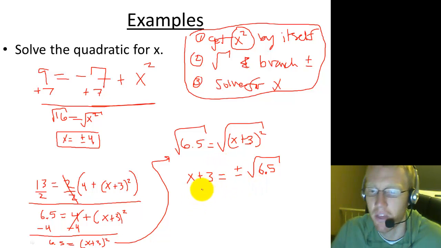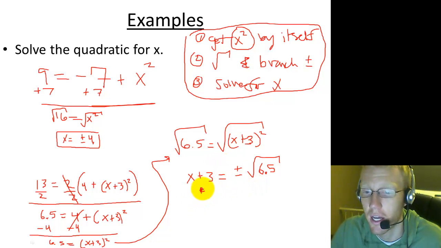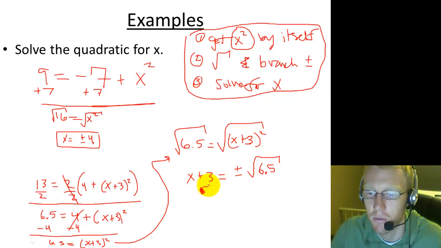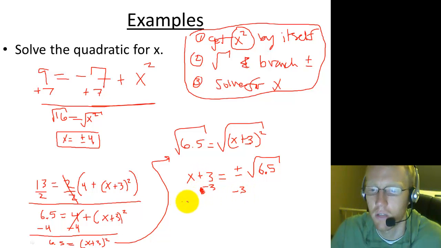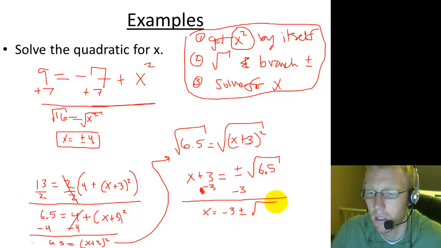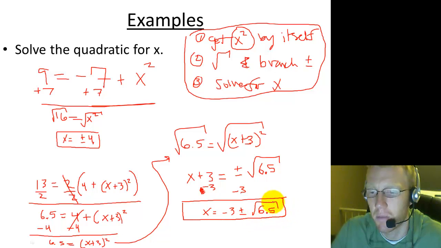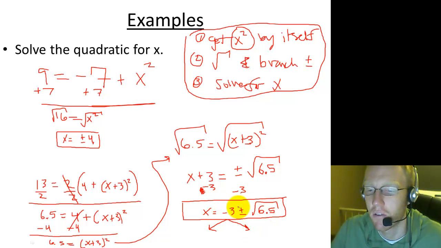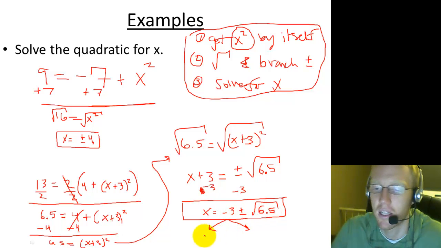So let me add 3 to both sides. Sorry, not add 3. To cancel out the 3, I need to subtract 3 from both sides. So the format of our answer is x equals negative 3 plus or minus the square root of 6.5. And technically that is the correct answer, but it might be nice, since it's already a decimal value here, to actually type in our calculator the square root of 6.5 and then do negative 3 plus that or negative 3 minus that.